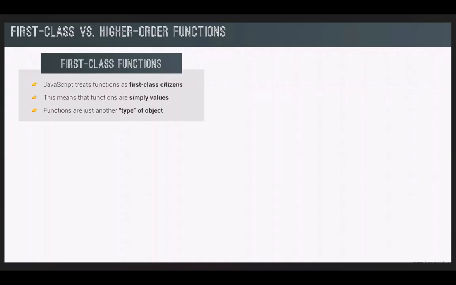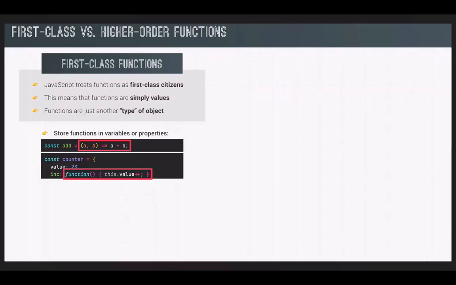Now, why does JavaScript work this way? Well, it's simply because functions are really just another type of object in JavaScript. Since objects are values, functions are values too.